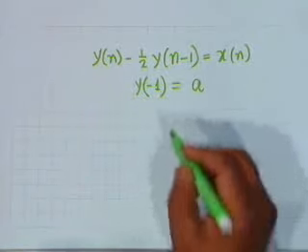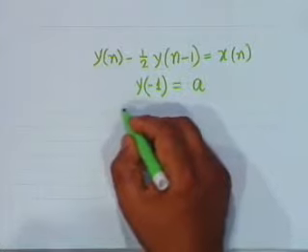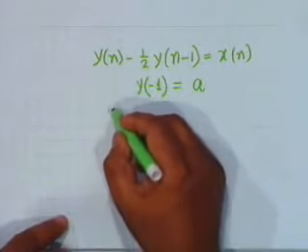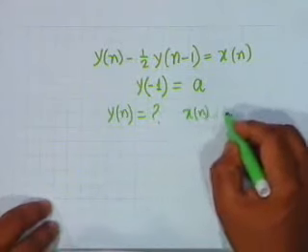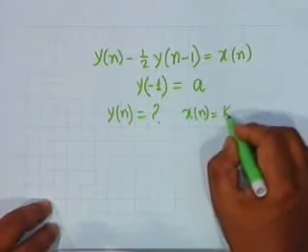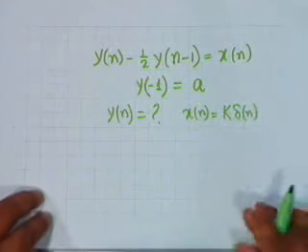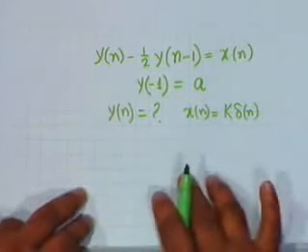Let us say that we wish to compute y of n, the output, when x of n is equal to k multiplied by delta n. That is, all we are doing is to find the impulse response, but not of strength unity. It is of strength k.